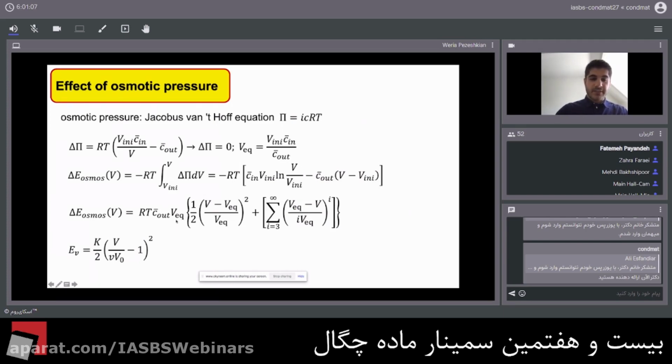This term is very big for the current system that we are studying, because the concentration is in millimolar and the volume is in hundreds of micrometers. So this energy will be much larger than hundreds of kBT, which is the energy associated with membrane bending. Therefore we can ignore this term and say the membrane goes to a fixed volume and then only fluctuates around this volume.